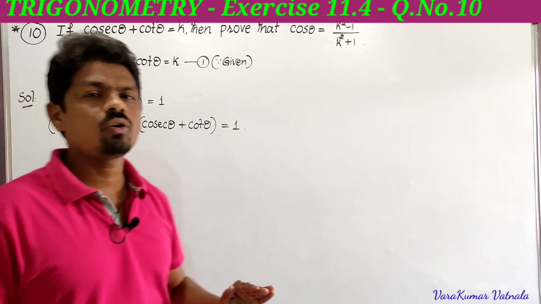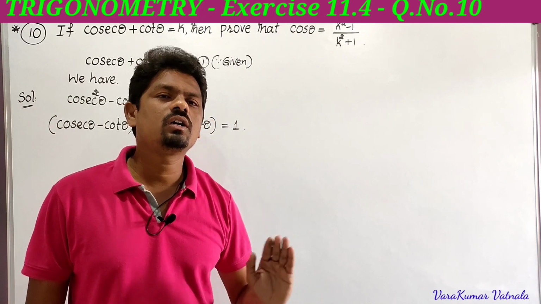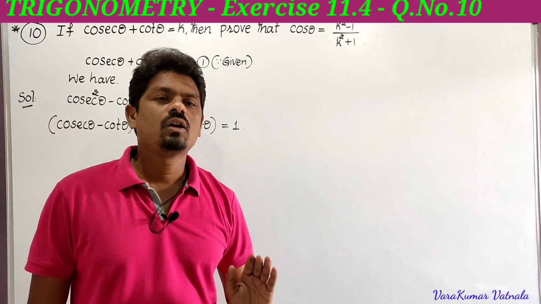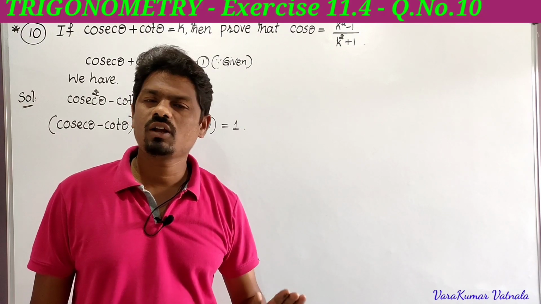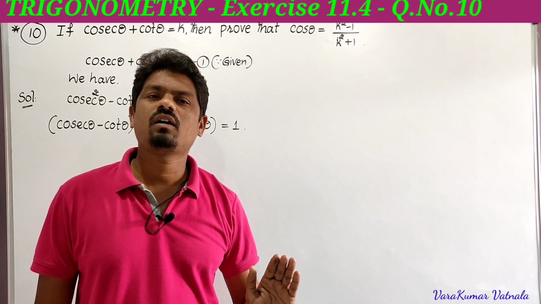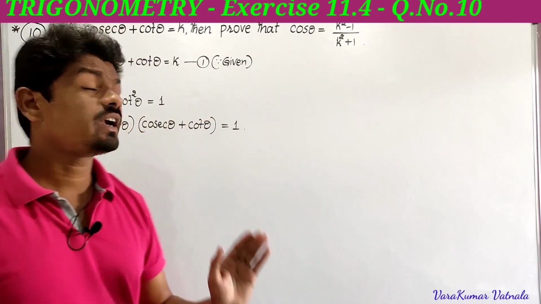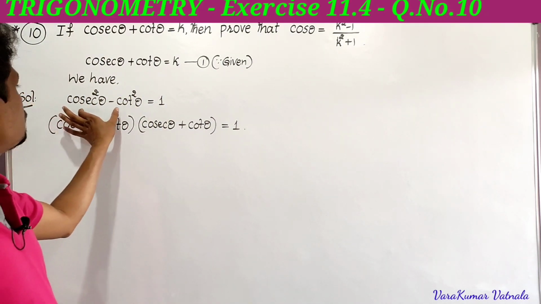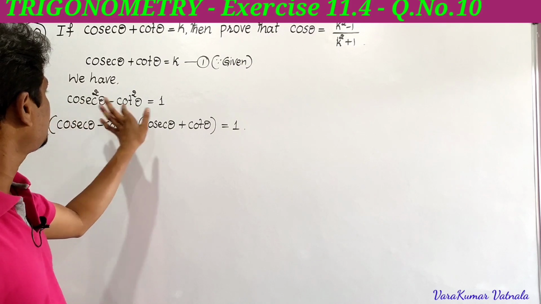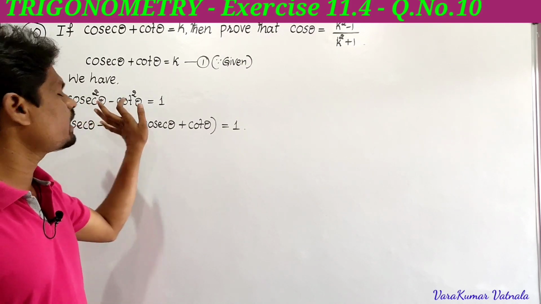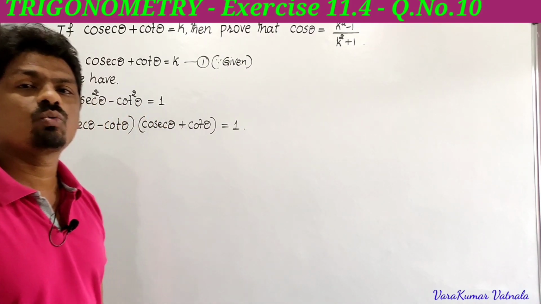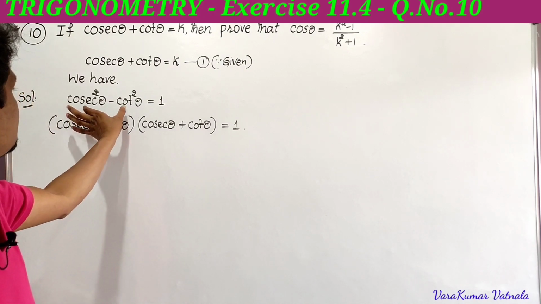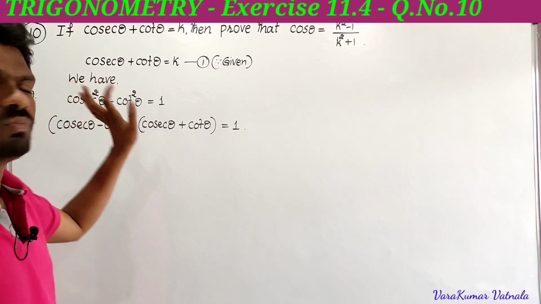According to the third trigonometric identity, cot square theta plus 1 equal to cosecant square theta. Therefore cosecant square theta minus cot square theta equal to 1. The LHS is in the form a square minus b square.